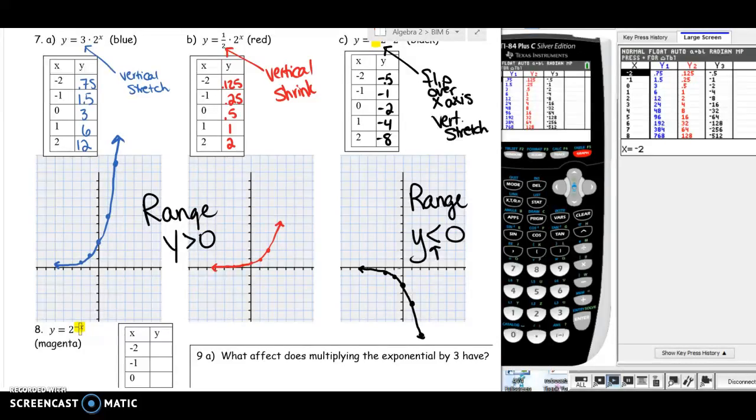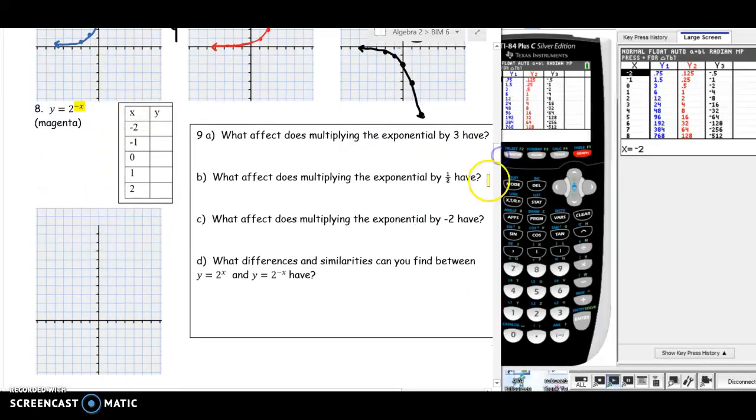What do you think that's going to flip it over? The y-axis. So if we happen to have a negative in the exponent, which I will not do to you very often because it's honestly kind of cruel, this will flip over the y-axis. It'll be a horizontal flip. So let's fill this in quick.